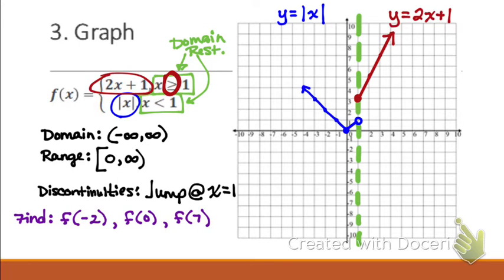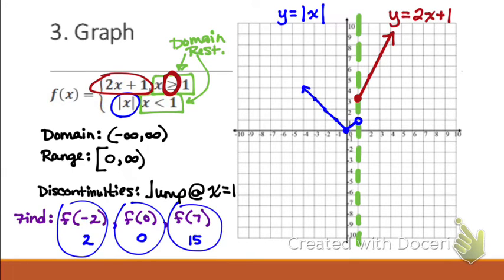What is f of negative 2? 2. What is f of 0? 0. What is f of 7? I'm sorry, how much? 15. Thank you. I just couldn't hear. Nice work.